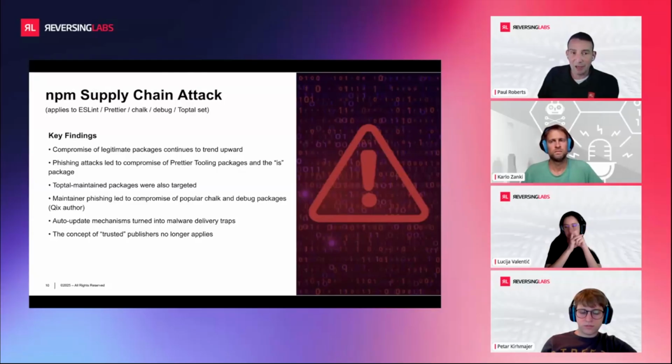So what is our advice to developers who are relying on automation tools like Dependabot? As you say, if the concept of trusted publishers is no longer one that you can rely on, suddenly auto-update mechanisms have a lot of risk associated with them. How should developers process that?